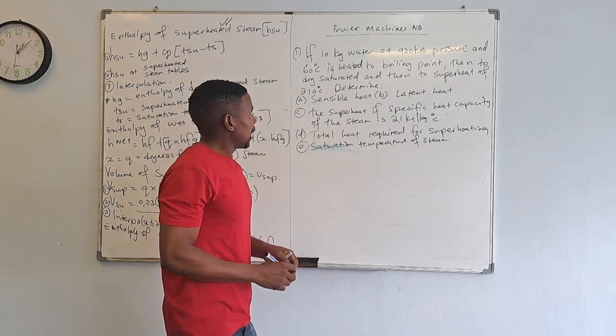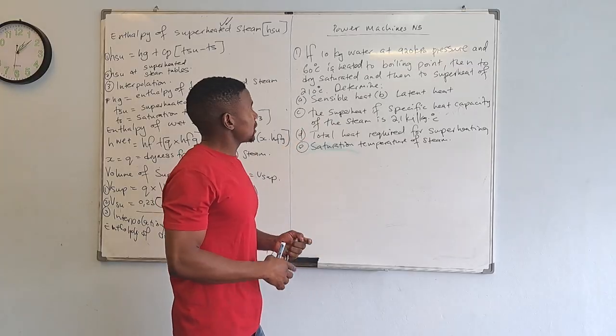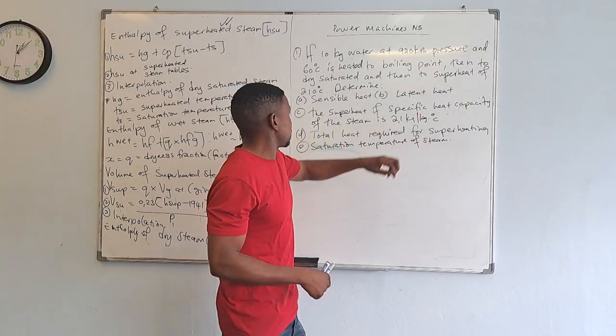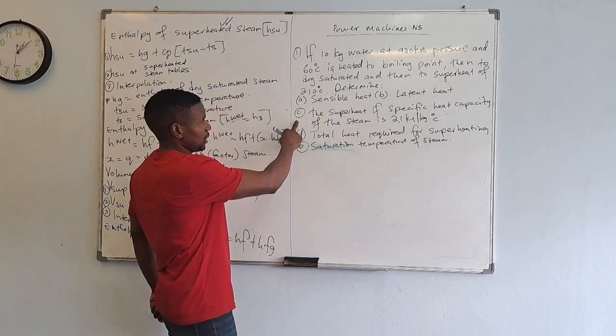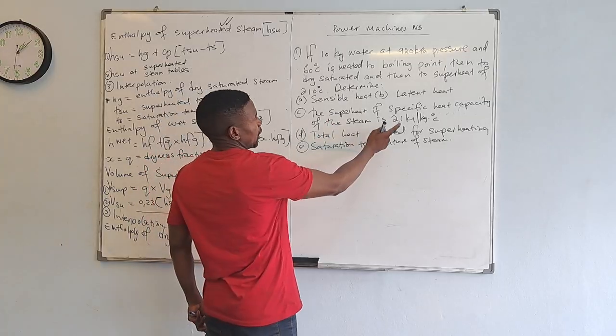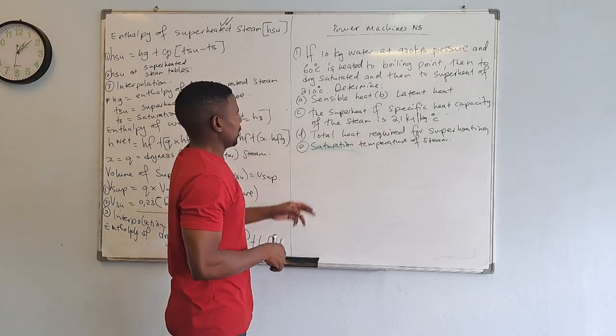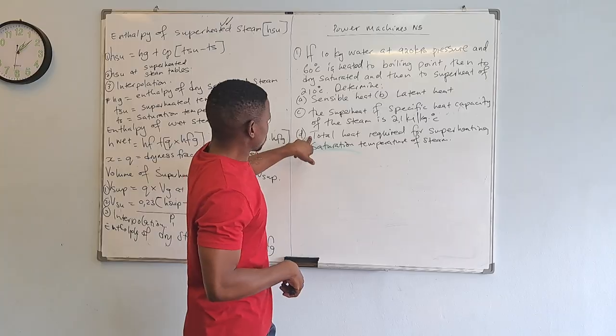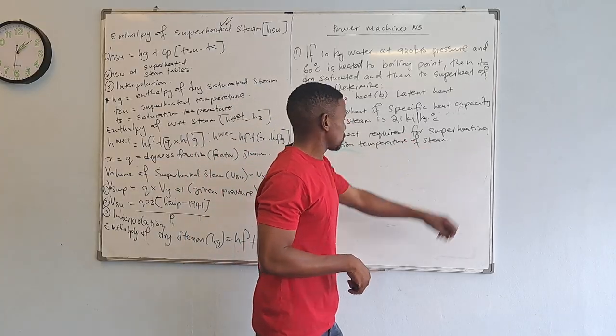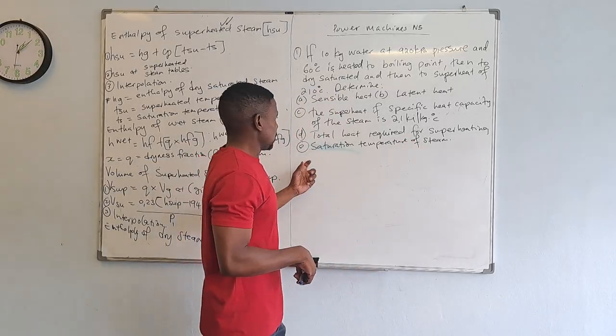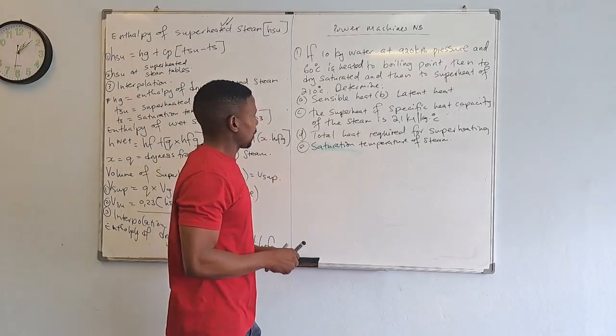Determine our A, sensible heat, B, latent heat, and C, the superheat, and our Cp is given, and then last but not least, the total heat required for superheating. And lastly, the saturation temperature.